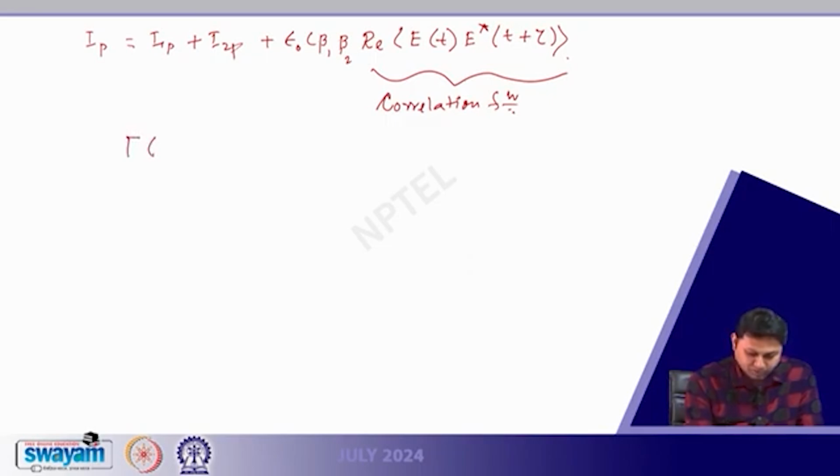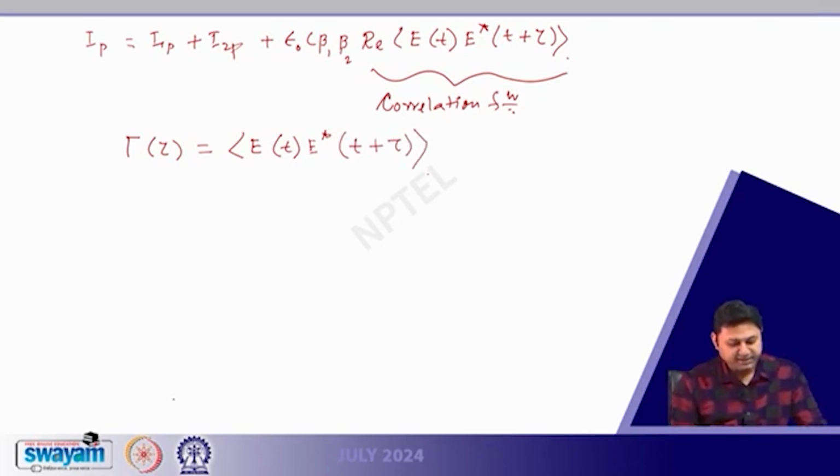So gamma of tau, a function of tau, is the time average of this physical quantity E(t) and E star(t plus tau). That factor is called the correlation factor or correlation function.